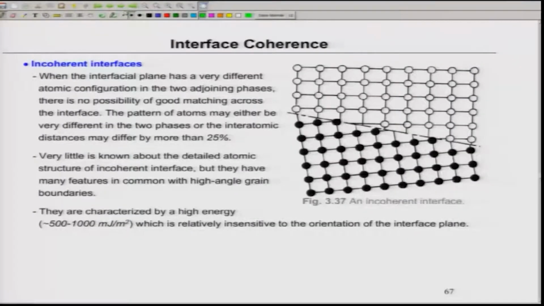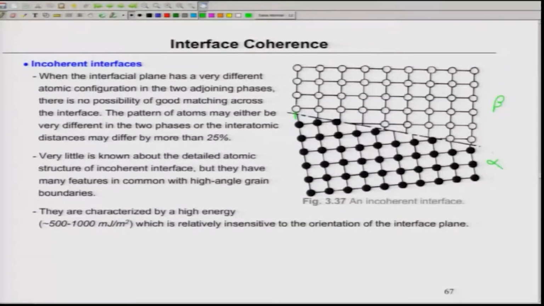Once shown, such a thing, you see here the atomic arrangements in both the phases, alpha and beta, this is beta and this is alpha, is such that there is no way we can match the atomic planes. There is a little match here, but slowly the matching has gone completely out of the way.